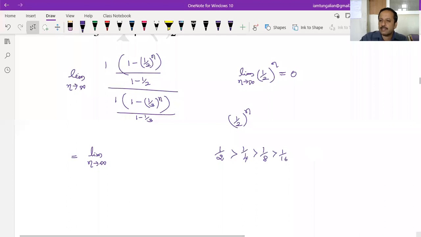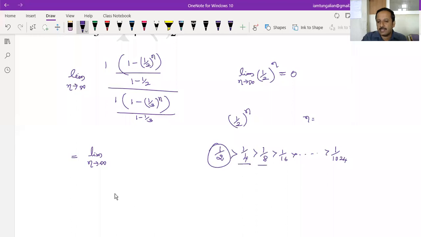Go on increasing the value. Put n equal to 10, I'm talking about 1 by 1024. Now you imagine n is tending to infinity. So observe 1 by 2 is greater than 1 by 4, that is greater than 1 by 8, greater than 1 by 16, 1 by 32, 1 by 64, etc. So when you go on increasing the value of n, the denominator becomes larger and larger.